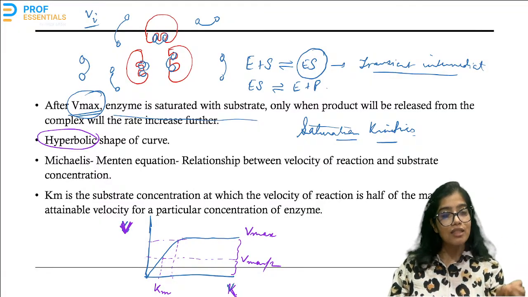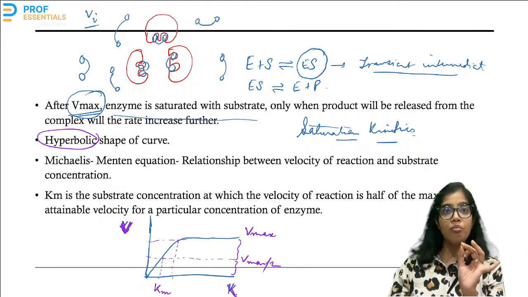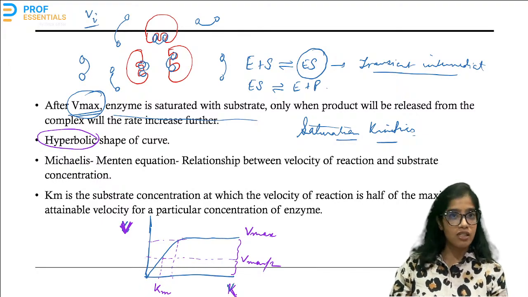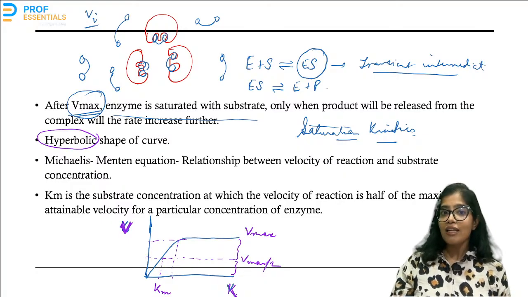The entire definition is very important. For a particular concentration of enzyme is very important, because if you increase the concentration of enzyme, there will be more active sites available. So if there are just these three enzymes, then the half of Vmax is this, and the concentration of the reactants required to reach this half of the maximum velocity is Km.